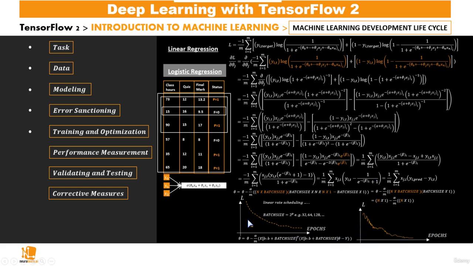Now to update our theta, instead of working with x, we work with x from an index b to b plus batch size. So let's take the case where b equals 0 and the batch size equals 1.